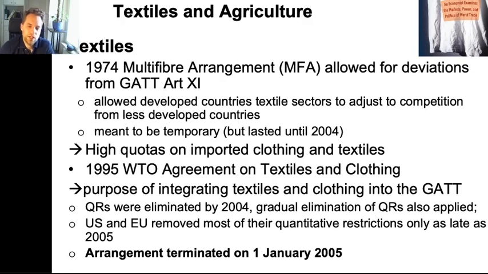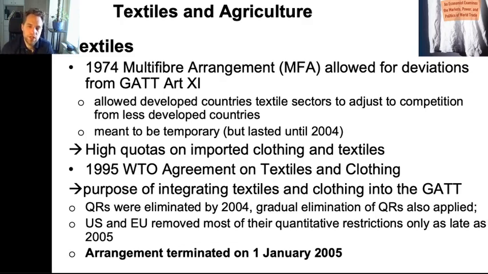However, then in 1995, the first steps were taken toward abolishing this special status of textiles, and the WTO agreement on textiles and clothing had the purpose of integrating these products into the regular GATT system. So all quantitative restrictions had to be eliminated by the year 2004, and this had to be done on a gradual basis, step by step.